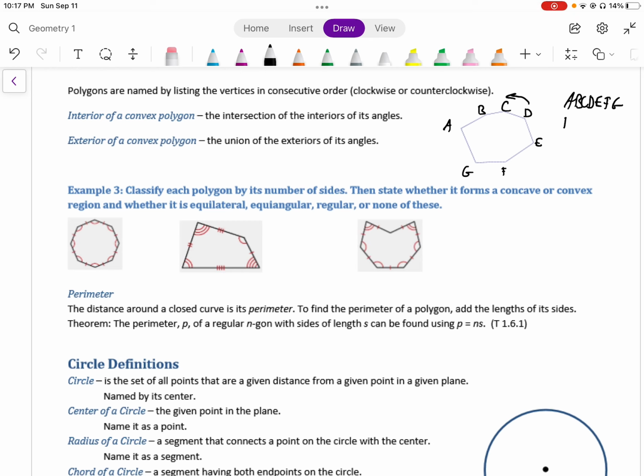We could name it D, C, B, A, G, F, E. There's all kinds of names for it, but as long as we list them consecutively, we can go clockwise or counterclockwise, and we can start with any letter we want. The interior is in here. If you take all the interiors of the angles, you have the interior, and the exterior, of course, would be all out here.